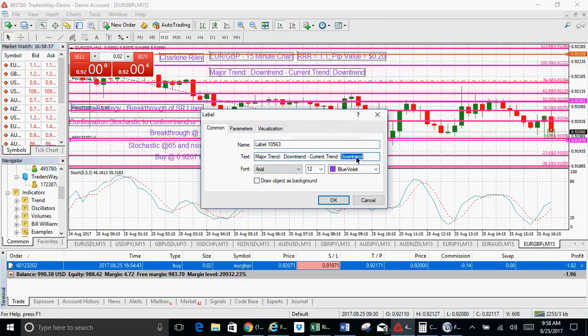The trend, initially when I first started labeling, the current trend was a downtrend. But since that time, it shifted to an uptrend.